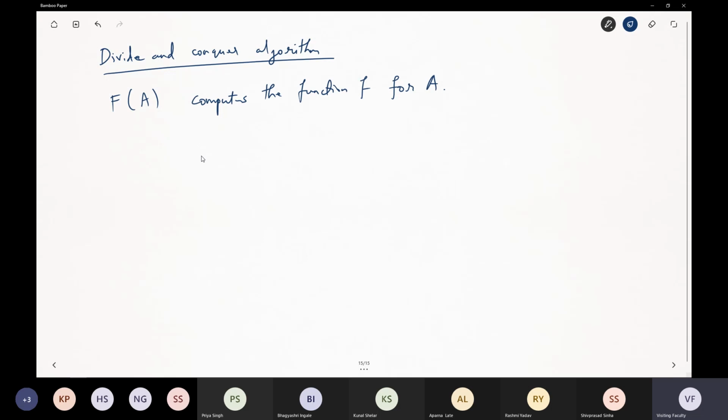So here is the idea. Again, I'll give you the outline. First step is to calculate. You're using divide and conquer, right?